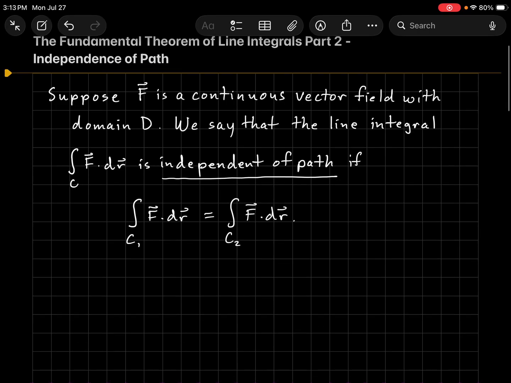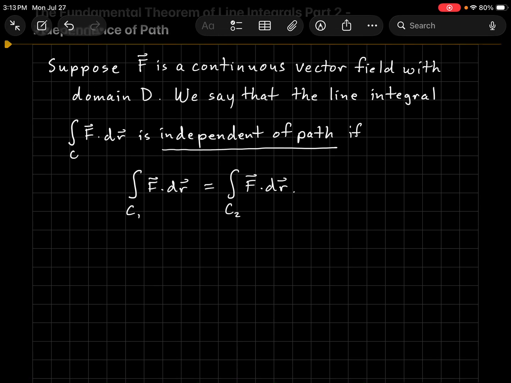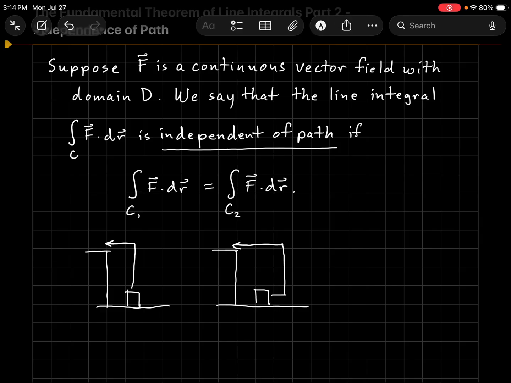To make this a little bit more concrete, let me give you a scenario. Suppose I have a box on the ground, and I want to pick the box up and put it on top of a shelf. Now I could do it as drawn, but what if I instead said, I'm going to move it to the right first, then up, and then move it back and put it on top of the shelf.